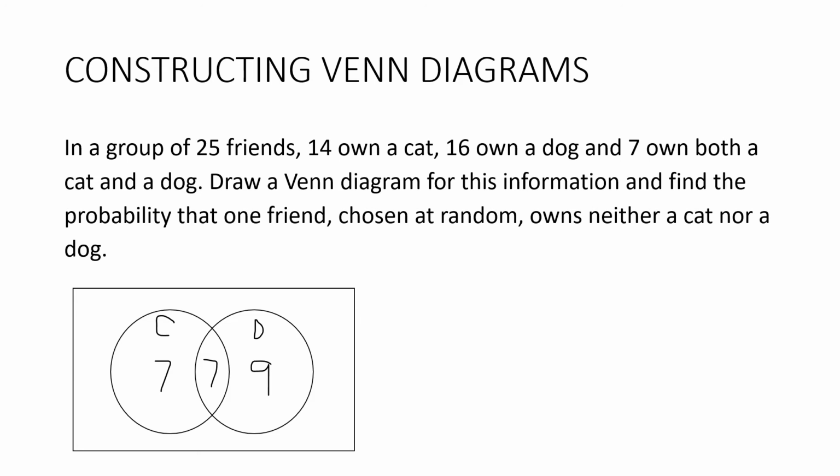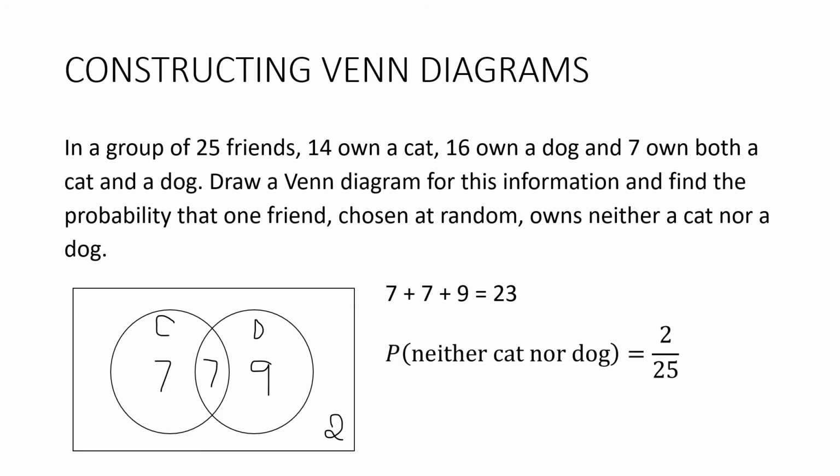And all we're going to do is add these numbers up, 7 and 7 and 9, which is going to give us 23. How short are we? 2. And so we put a 2 down here. Now let's answer the question. Find the probability that one friend, chosen at random, owns neither a cat nor a dog. So that's going to be 2 out of 25.